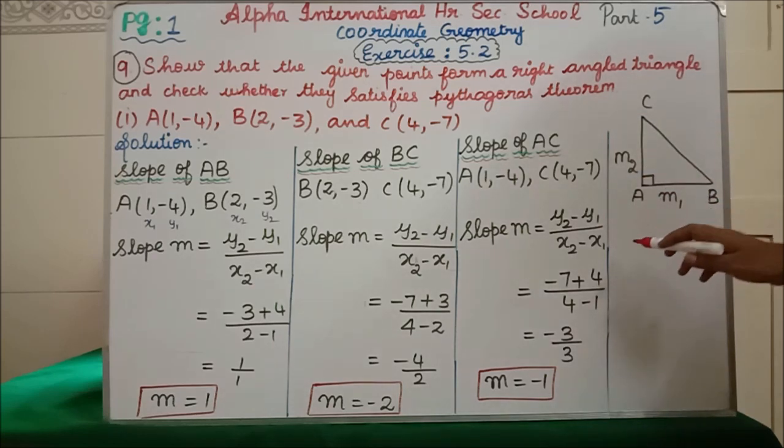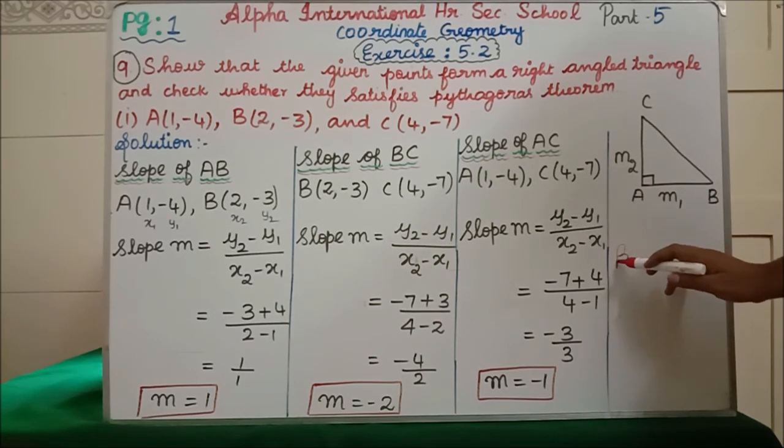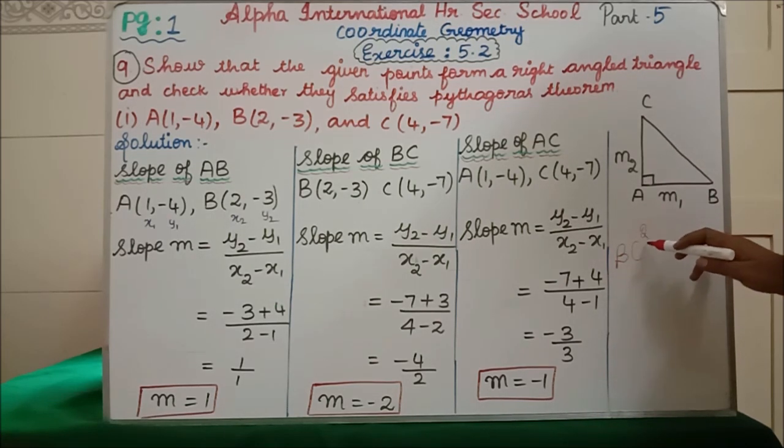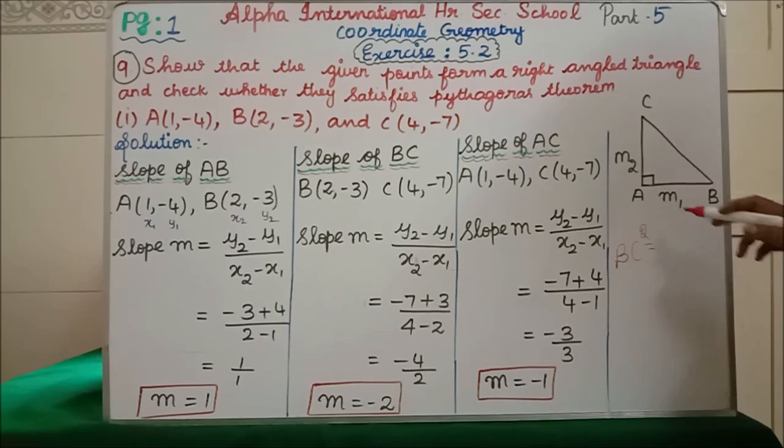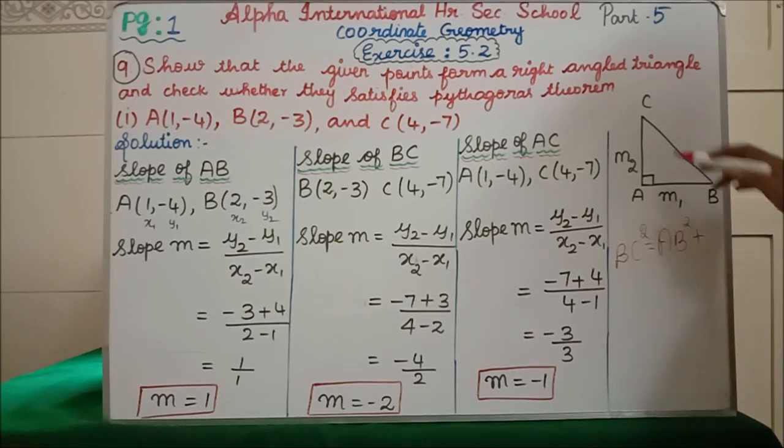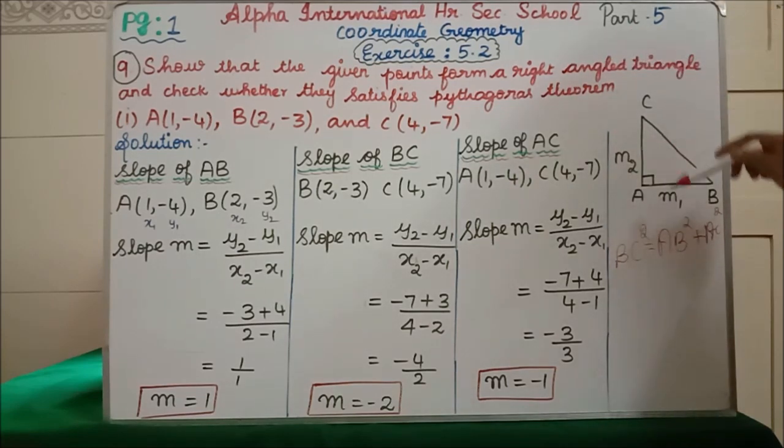So the Pythagoras theorem is BC square, hypotenuse side, is equal to the remaining two sides, AB square plus AC square. Once we say this triangle is a right angle triangle, then we have to check this statement of the Pythagoras theorem.